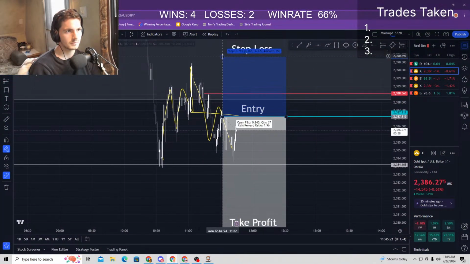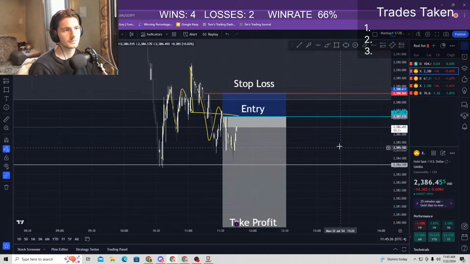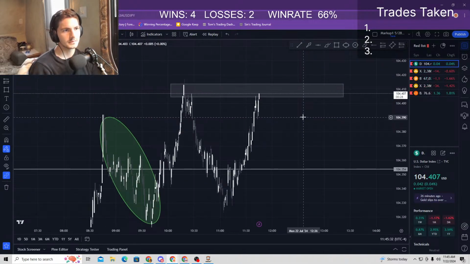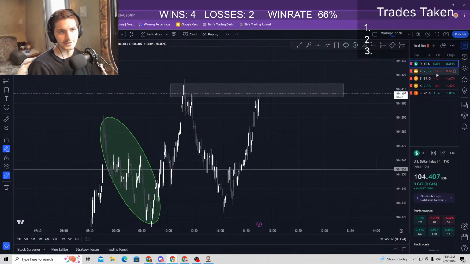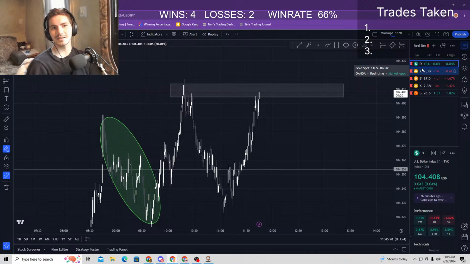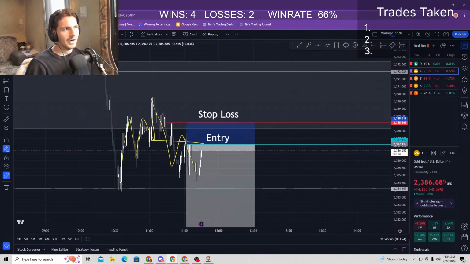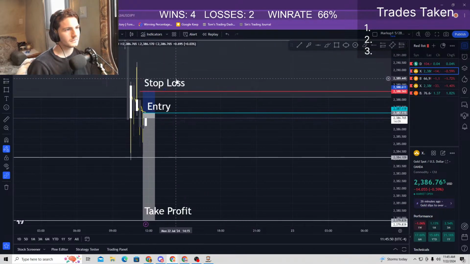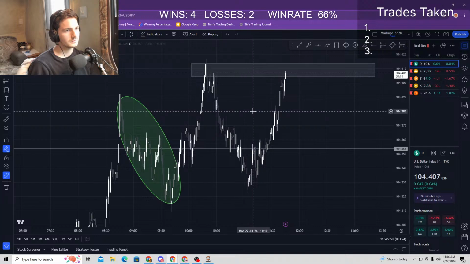Resistance that's hit a few times, weaker. And there's targets. A little bit of target, 1,378. Yeah, DXY still doing good. I shouldn't really rely on it too much though, as I've learned today. I wonder about looking at DXY when type 3 is forming, as opposed to when type 3 is already in the middle.